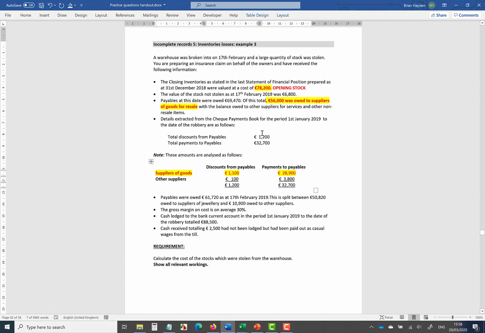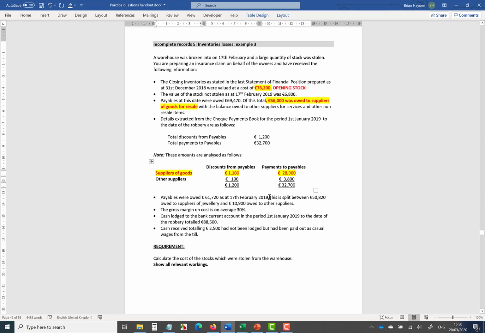Of the 1,200 in discounts, 1,100 was from suppliers of goods and 100 was from other suppliers, and the payments were split 28,900 to suppliers of goods and 3,800 to other suppliers. These two pieces of information will be put into our creditor's control account, and you'll see that when I go through the solution.